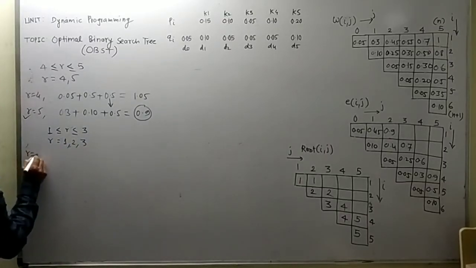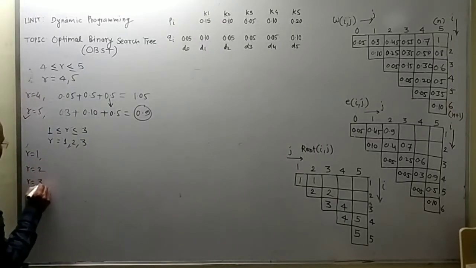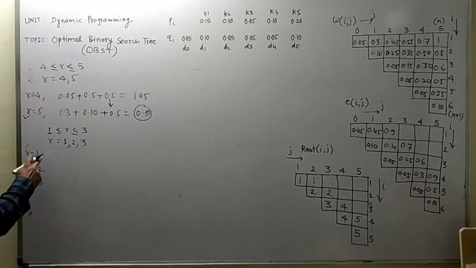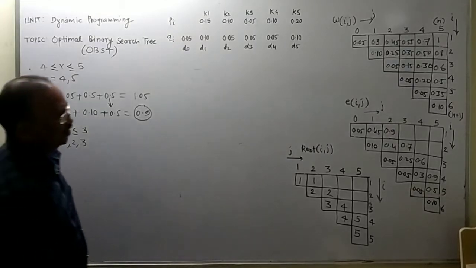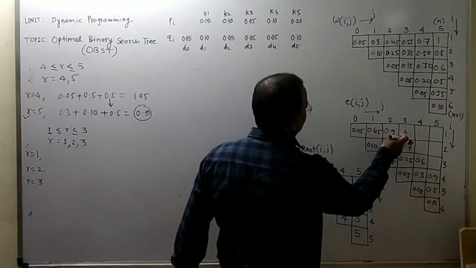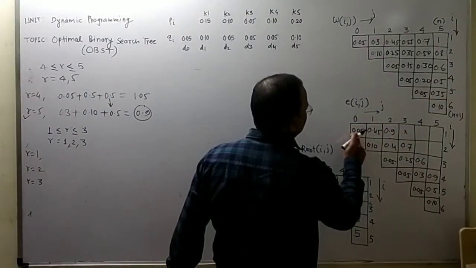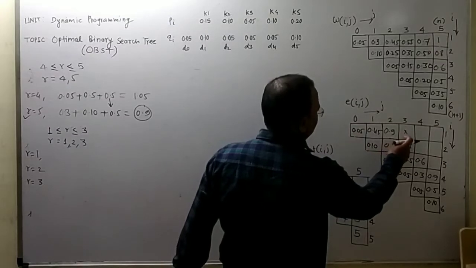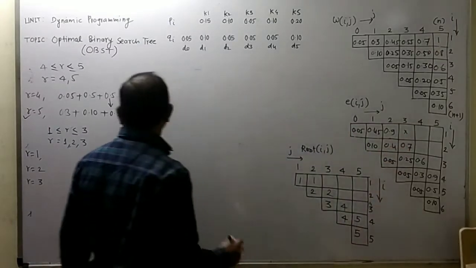First consider r is equal to 1, r is equal to 2, then r is equal to 3. Now let us get the value for r is equal to 1. For this cell, we have to consider the last value on left side, that is 0.05, and first value on downside.